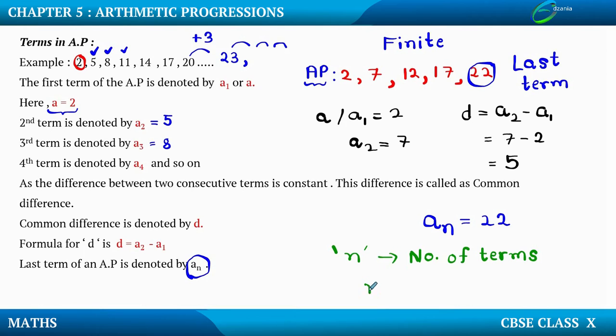So we can say that N is equal to 5, that is, the number of terms is 5. So we had many different terms: A stands for the first term, A2, A3, A4 are the second, third and fourth terms and so on. D is the common difference, given by A2 minus A1. N stands for the number of terms, and AN is called the last term.